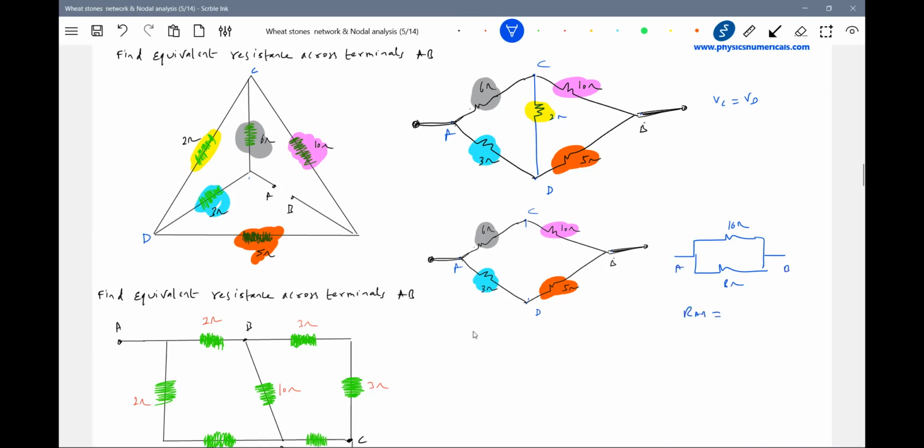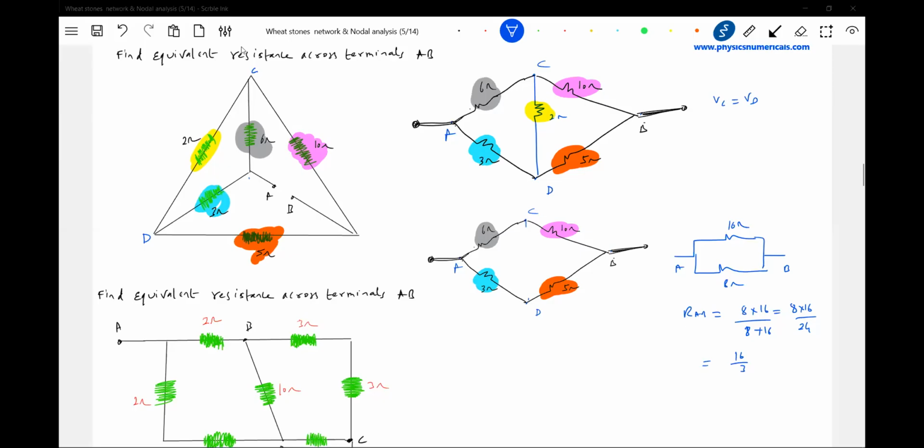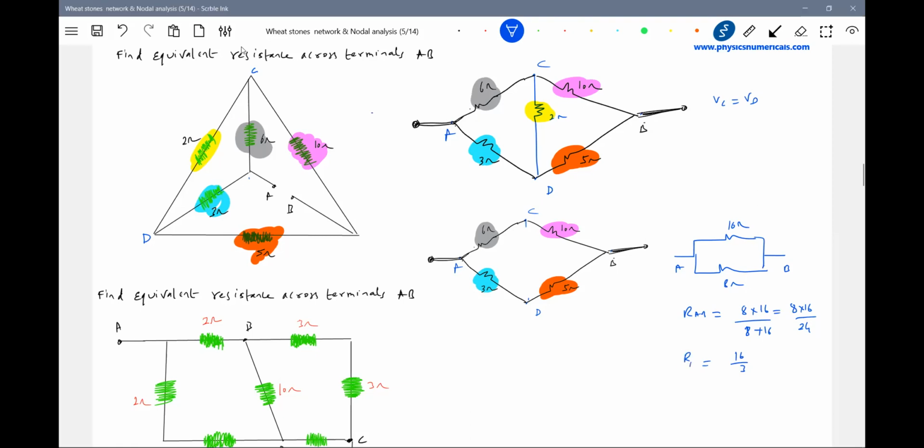So RAB is equal to 8 into 16 by 8 plus 16, which is 8 into 16 by 24. This will be our answer, RAB, the effective resistance across the terminals AB.